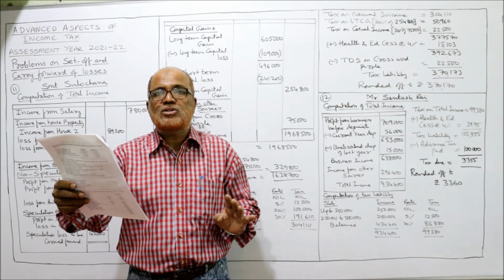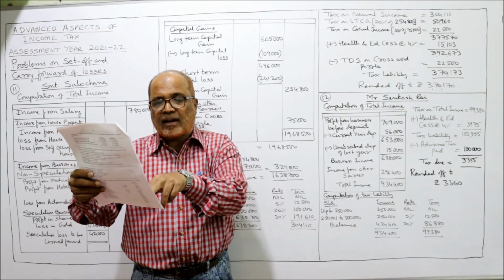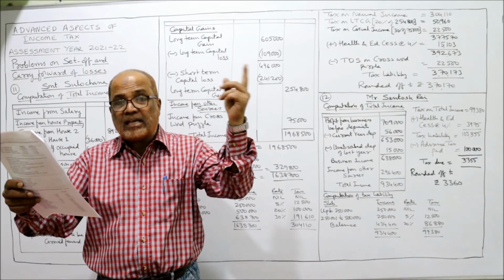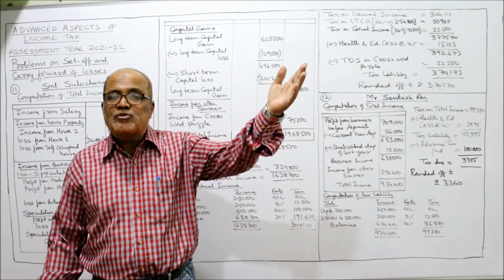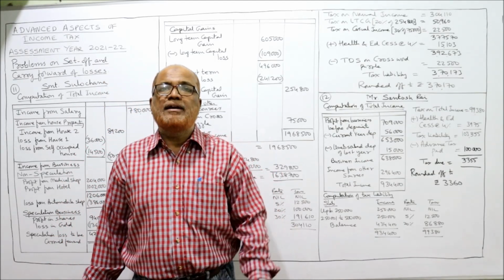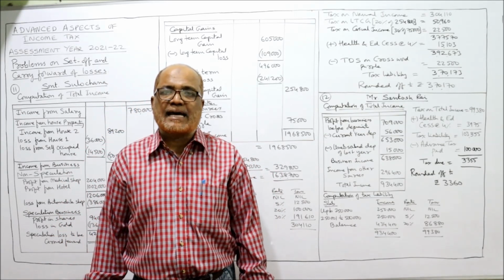Now we charge depreciation. So first of all we deduct current year depreciation 56,000. Then unabsorbed depreciation of last year. Last year's unabsorbed depreciation is carried over to the current year. That also can be deducted according to the provisions of the Income Tax Act.